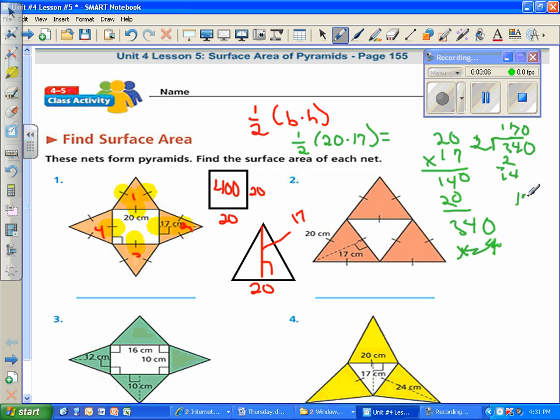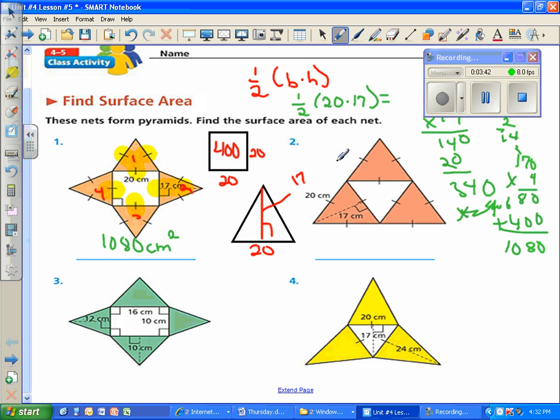Now take 170 times 1, 2, 3, 4, which is 680, plus 400, and we end up with 1,080 centimeters squared.